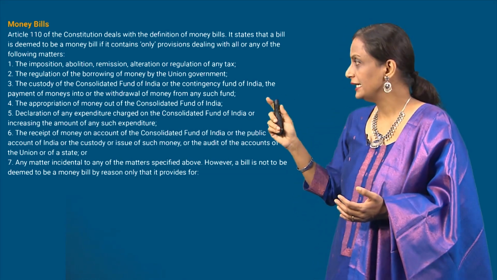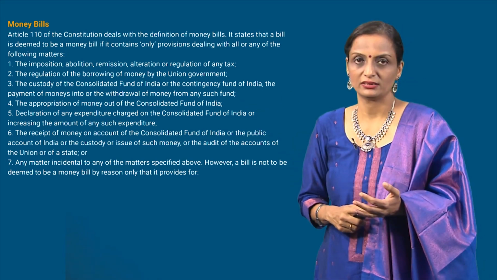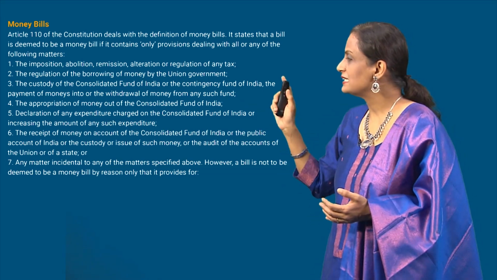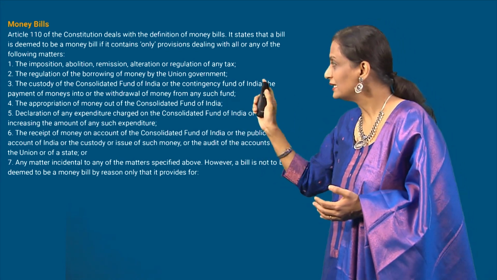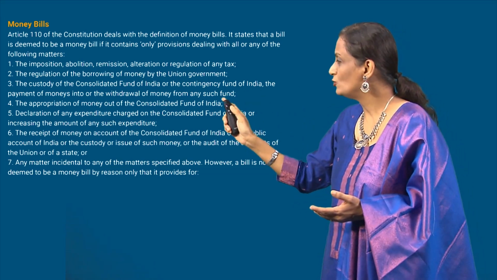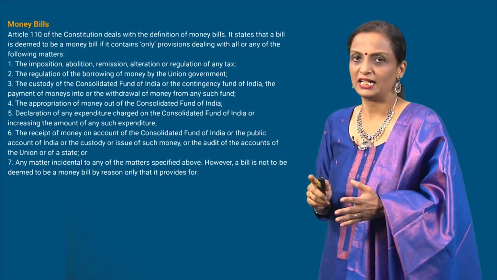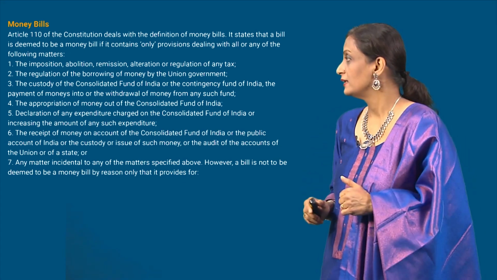Secondly, the regulation of the borrowing of money by the Union government. It is also necessary to see the custody of the Consolidated Fund of India or the Contingency Fund of India, that is, the payment of monies into or the withdrawal of money of any kind. Is there a provision for it?